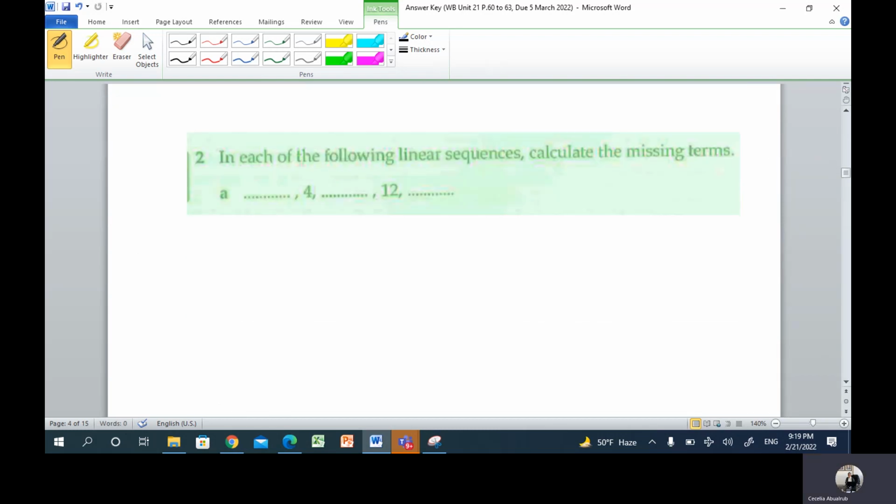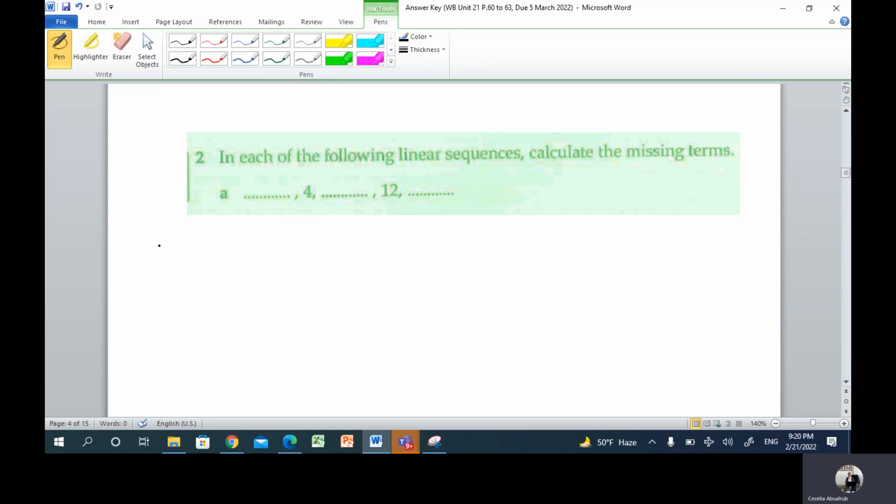If we go to the next question, basically this one depends on trial and improvement. So it means that you are going to solve it by trial. In the following linear sequences, calculate the missing terms.